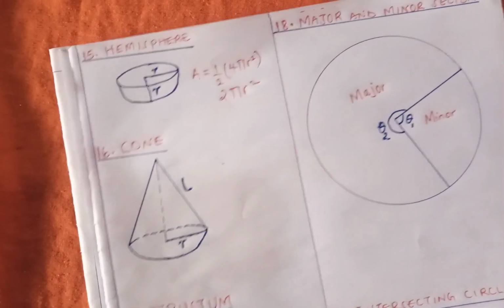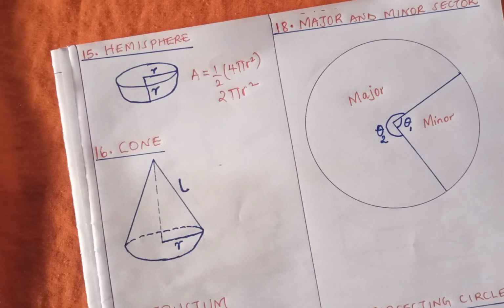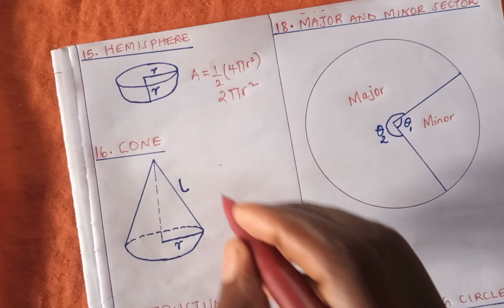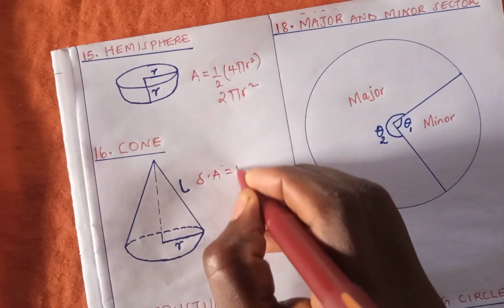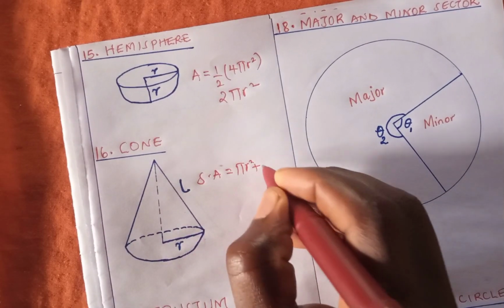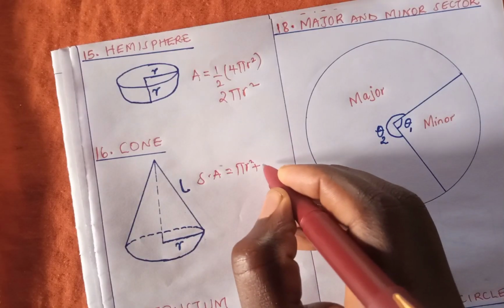So the next thing that I want us to look at is in fact the cone. The cone in this case is also made up of a circular base, and for that reason, the surface area of a cone is going to be pi r squared plus pi rl.